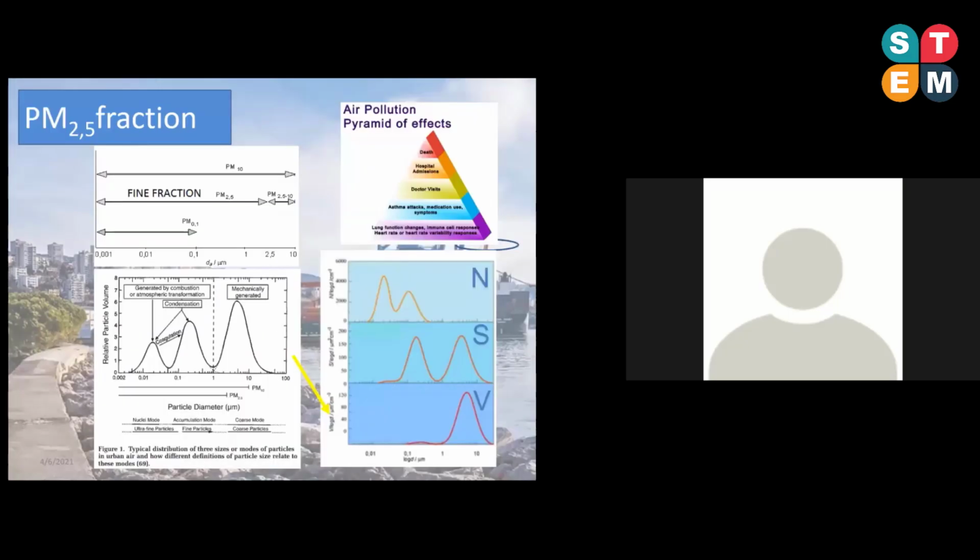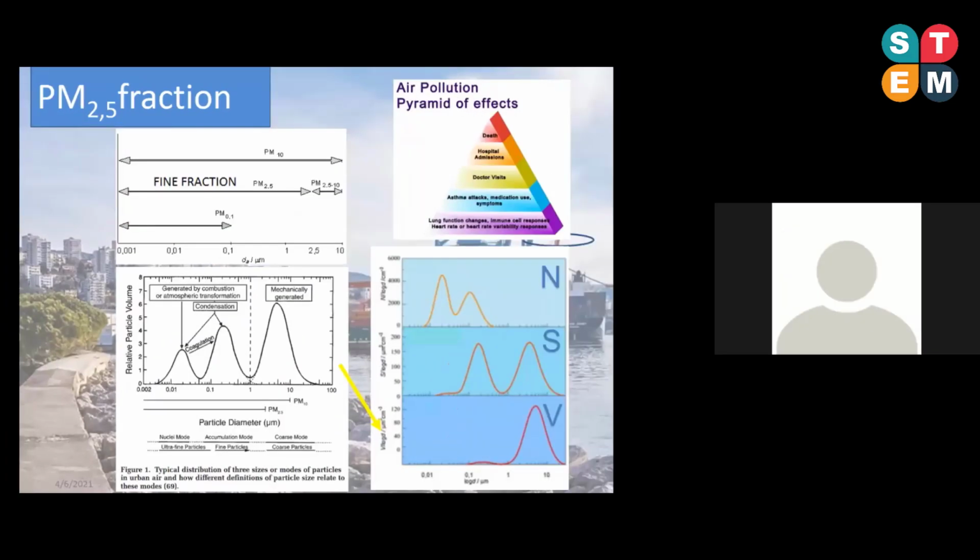The solid or liquid particles in the PM2.5 fraction have a diameter less than 2.5 micrometers. They can be generated by atmospheric transport such as condensation and coagulation, by combustion of fossil fuel, and by mechanical processes. Figure 1 shows volume distribution of three sizes of particles.